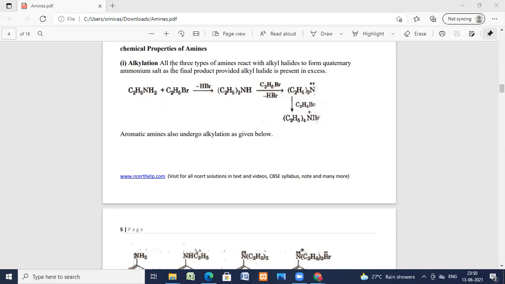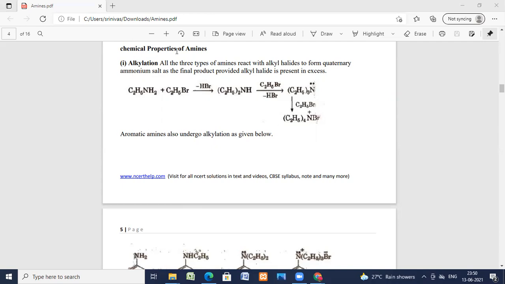Alkylation: all three types of amines react with alkyl halides to form a quaternary ammonium salt as the final product, provided the alkyl halide is in excess.